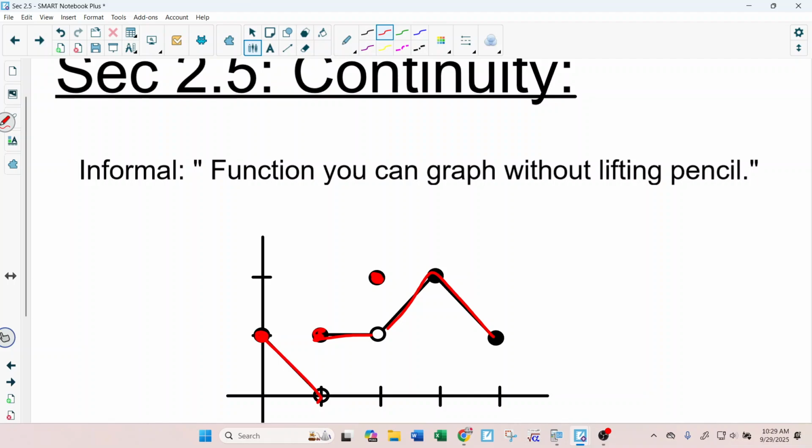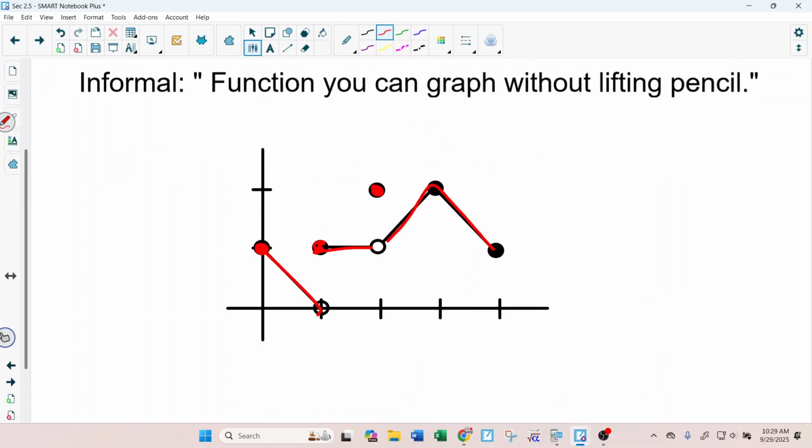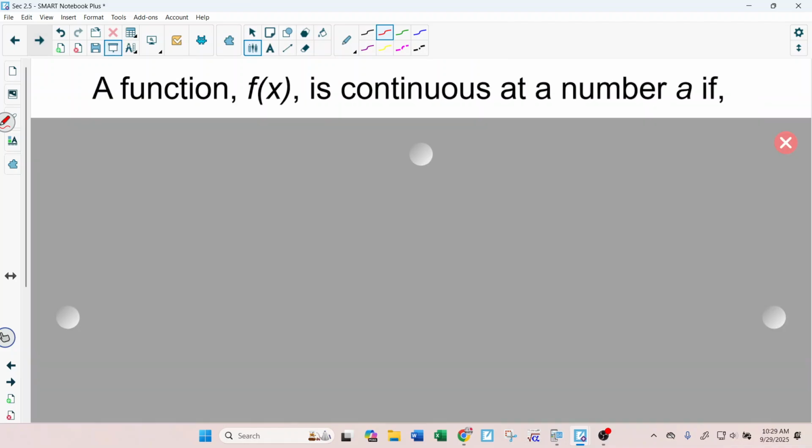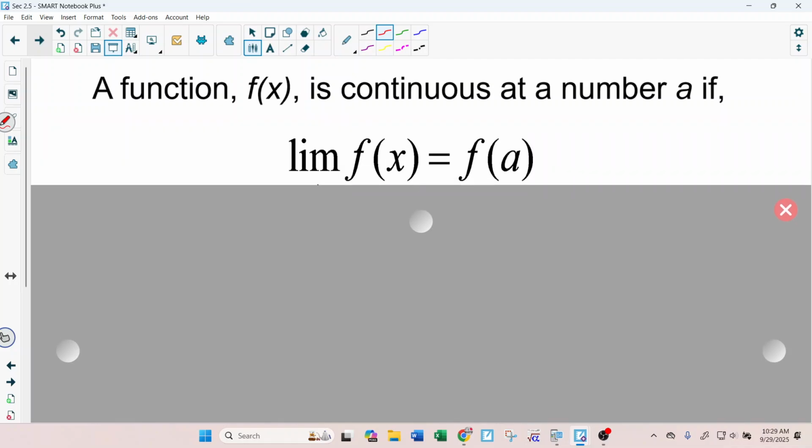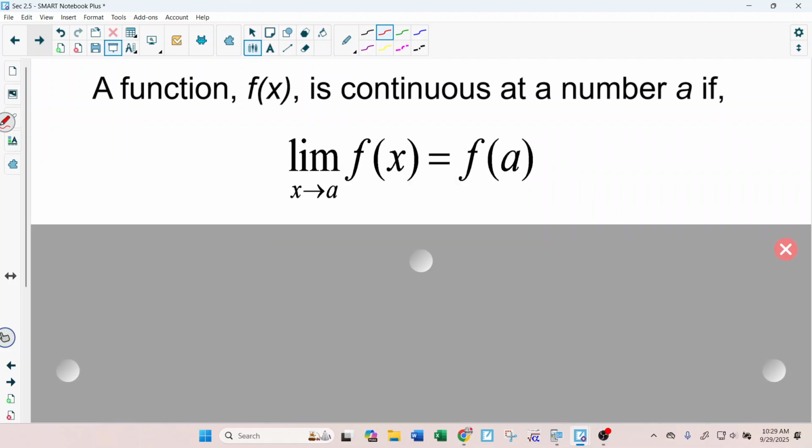So when we talk about continuity, that gives you a good picture in your mind of what we're talking about. But what is the actual definition of continuous? A function f of x is continuous at a number a if the limit of f of x as x approaches a equals f of a.